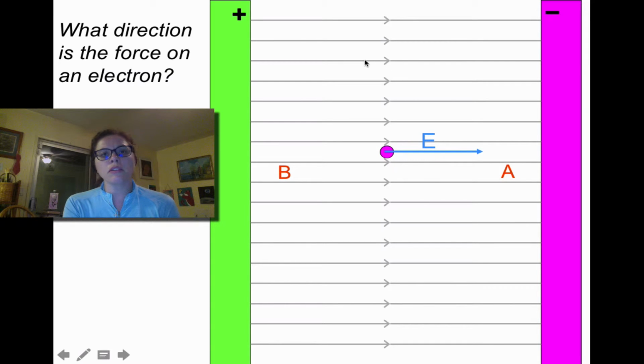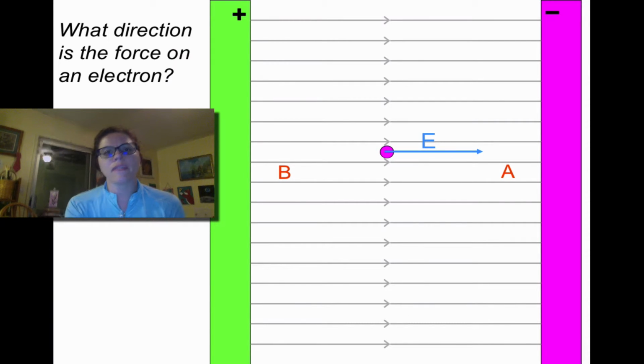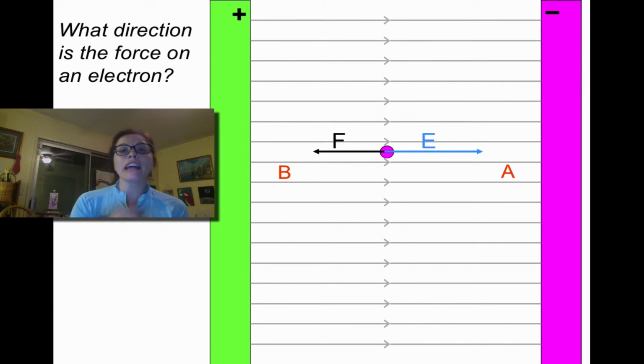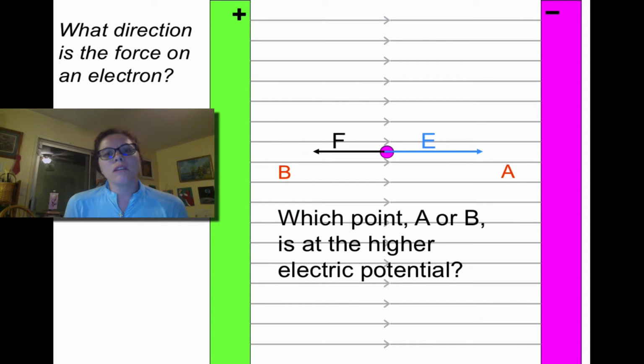Electric field always goes from positive to negative, and the field line's already drawn there for you so you can see it. Now for a negative charge, the force is always exactly opposite of that of the electric field. Always, always, without exception. Don't you love physics? Yay! No exceptions.